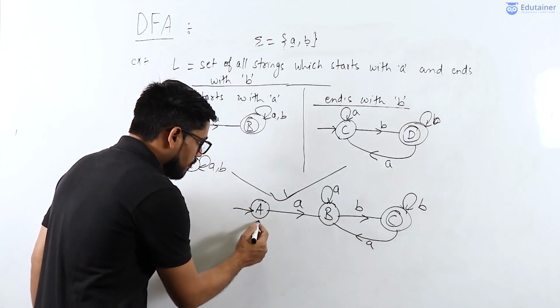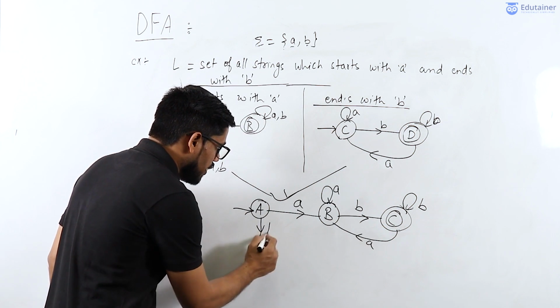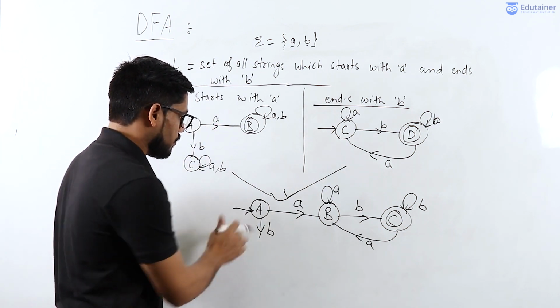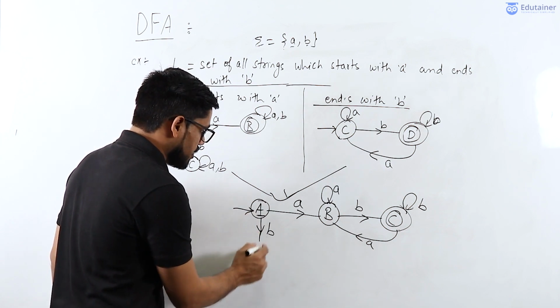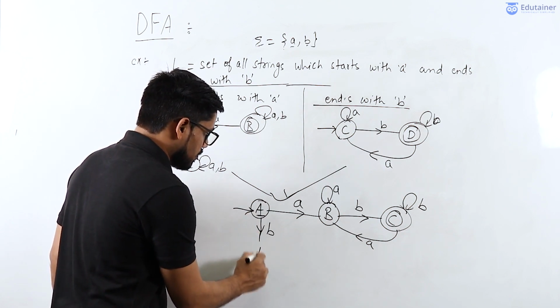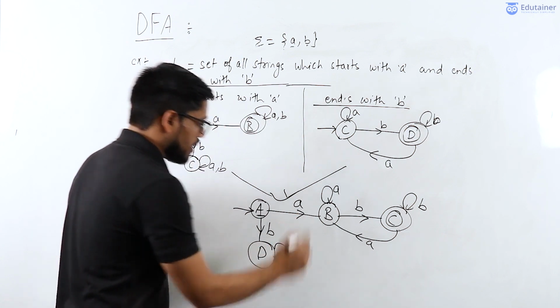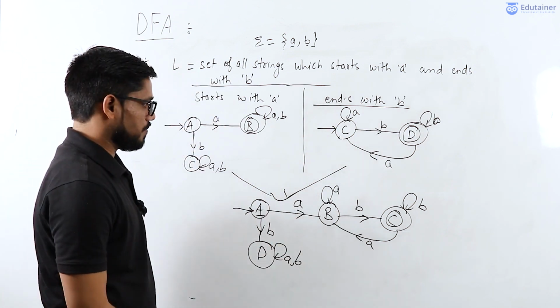Okay, and if I see B as the first symbol from the starting state, then I will simply reject this. So rejecting this means I will go to the dead state, and on the dead state I will take any number of A's or any number of B's.